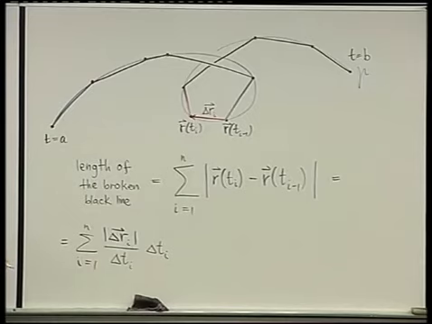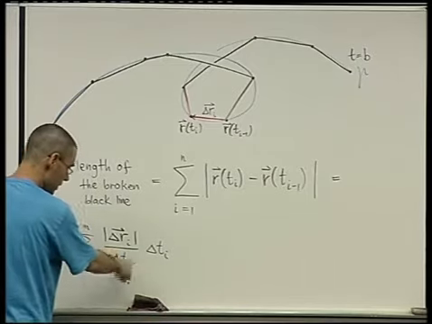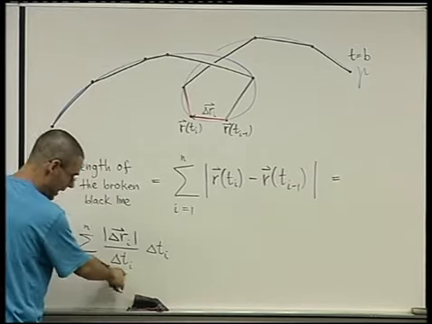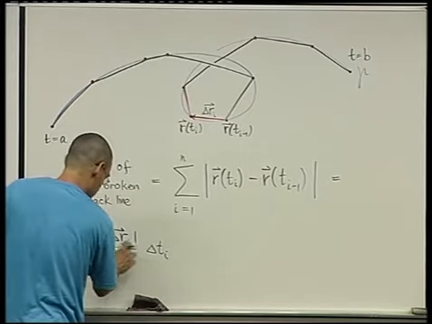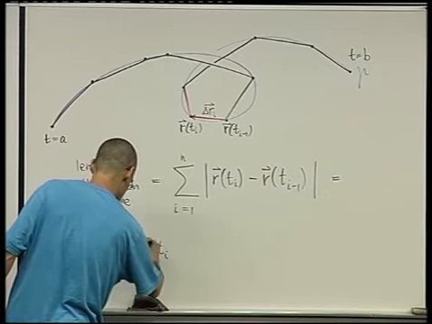That's better, less confusing. This is the right thing to write. Okay, now, so we have this, right? Now, delta ti is just ti minus ti minus 1. It's something positive. I can put it inside the absolute value. It's the same thing.